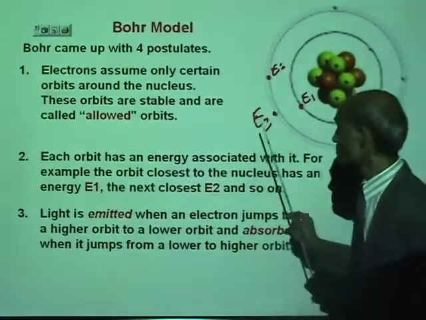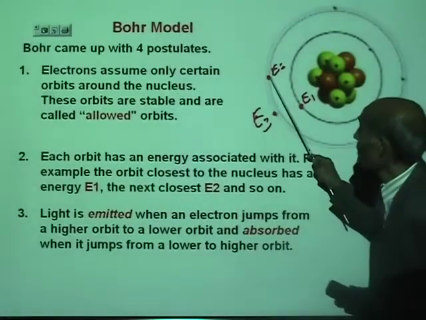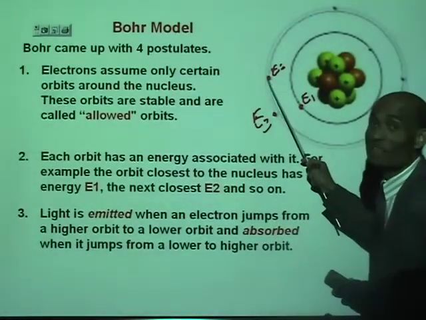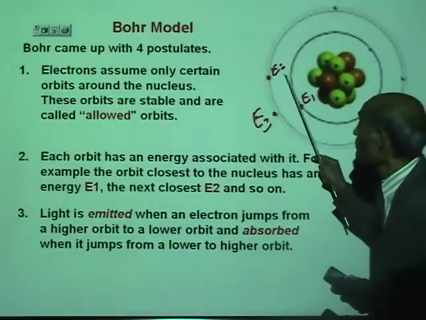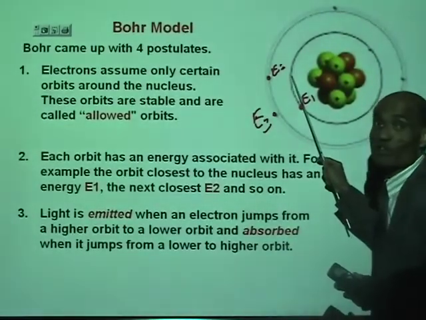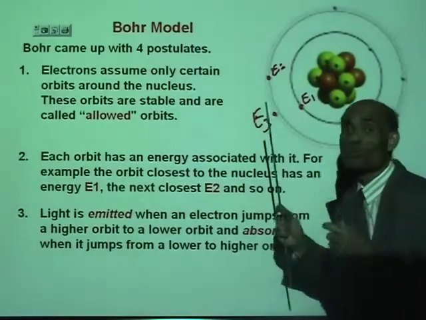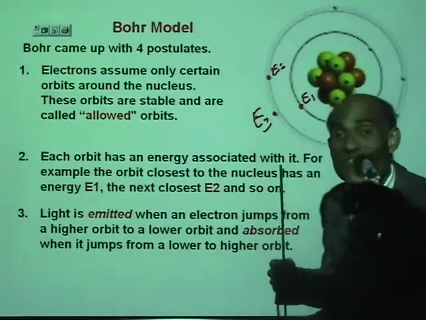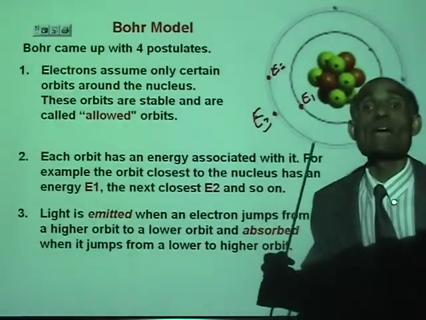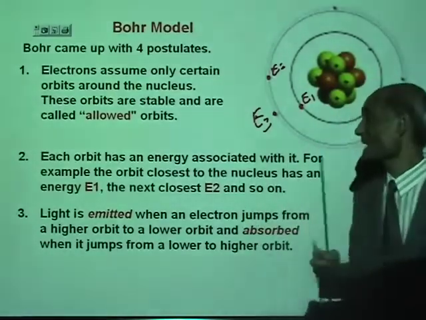He said, if an electron from this outer orbit that corresponds to energy E2 moves to an inner orbit, well, the only way it can do so is to throw away the extra energy. And it is that energy that is thrown away that comes out as light.